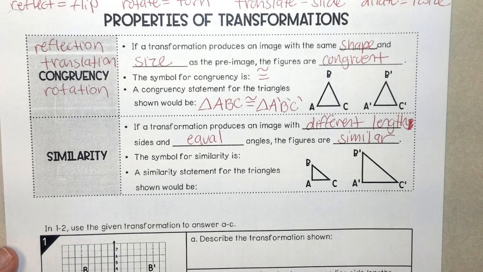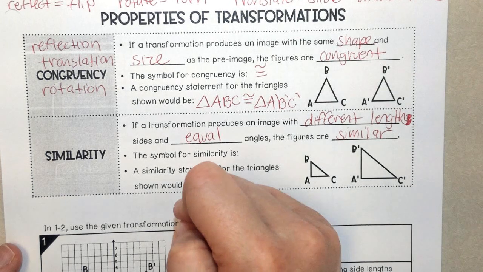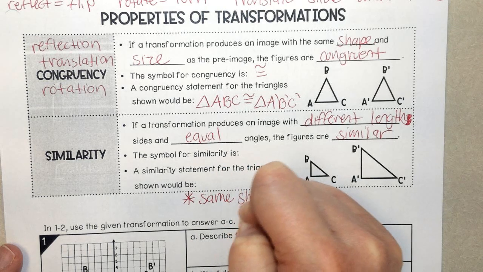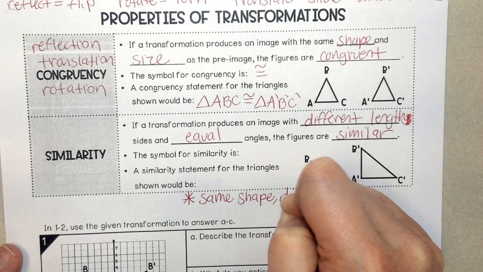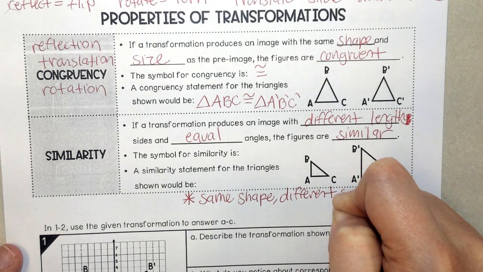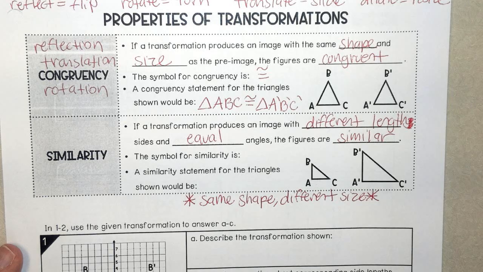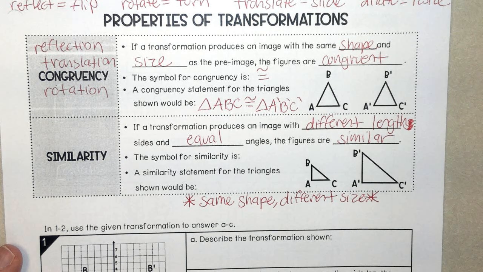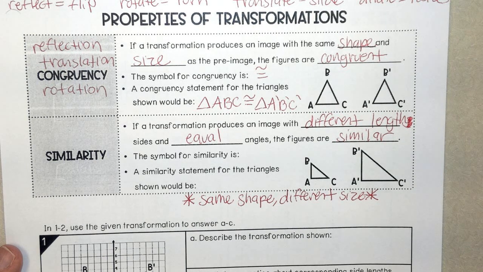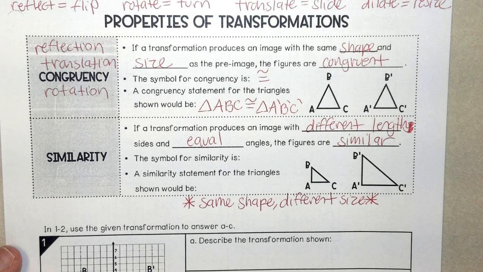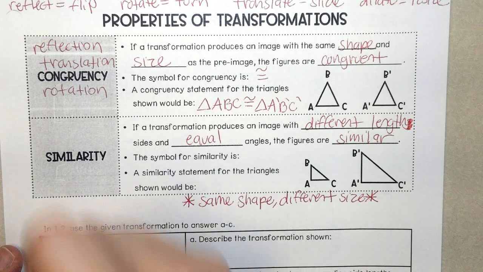Now, I don't tend to use that definition for similar. I tend to say that it's the same shape, different size. Okay? That's what I tend to say. So congruent is same shape, same size. Similar is same shape, but different size. Okay? So then, what transformation produces similar figures? Dilation.